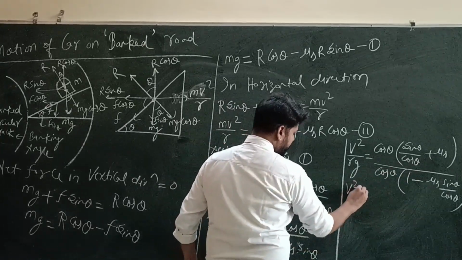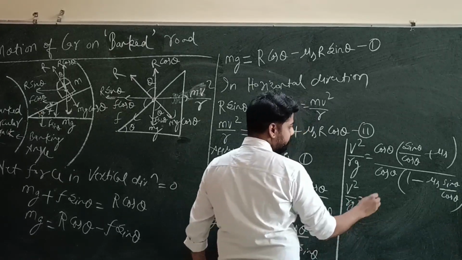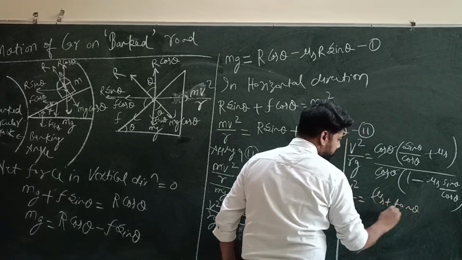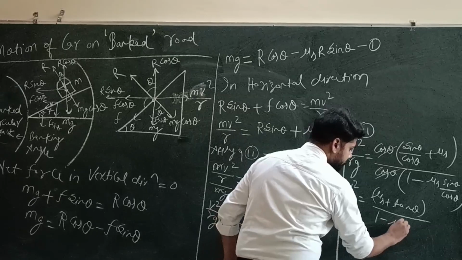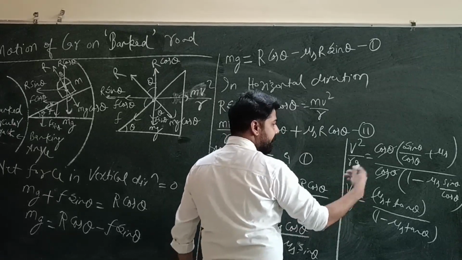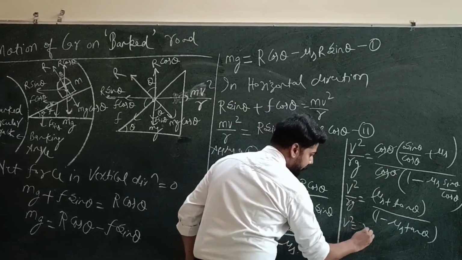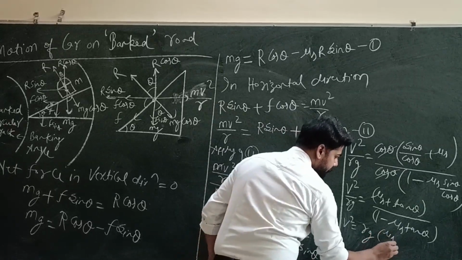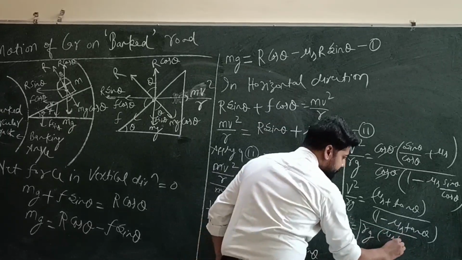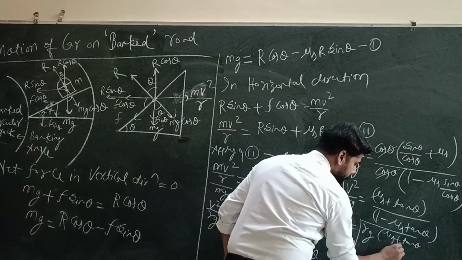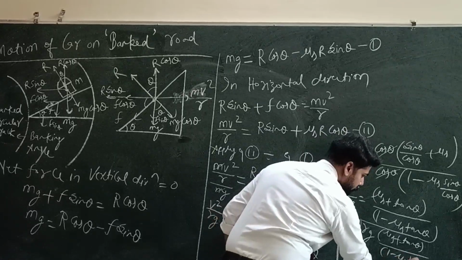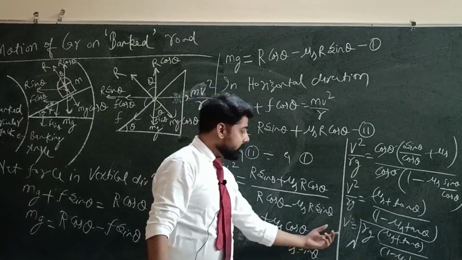So v square upon rg equals mu s plus tan theta upon 1 minus mu s tan theta. If I multiply rg to the right-hand side, v equals the square root of rg times mu s plus tan theta upon 1 minus mu s tan theta. So this is the safe velocity.